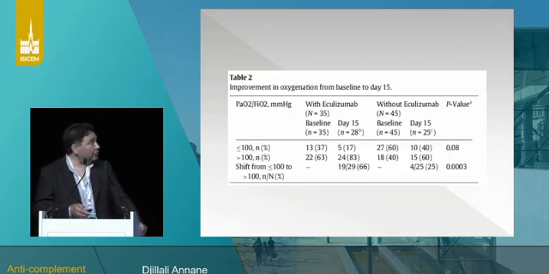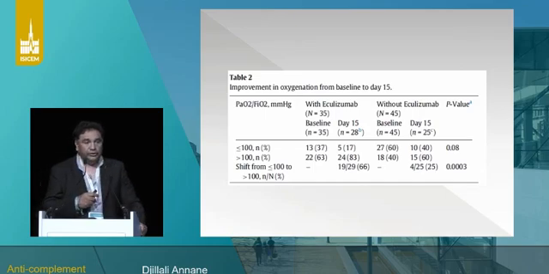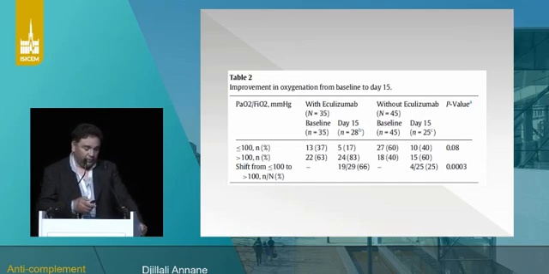And this also came with a favorable effect in lung function, as witnessed by the improvement in the PaO2/FiO2 ratio and the number of patients who were shifted outside the dangerous situation of having a ratio of less than 100.